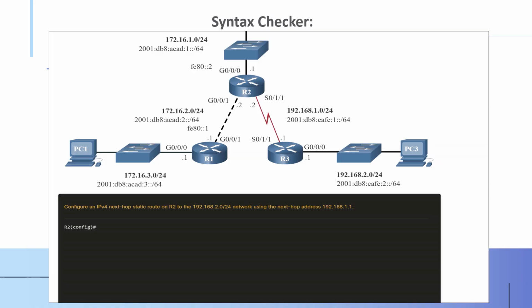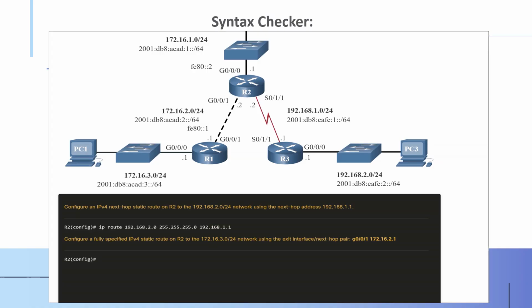First, we will start configuring router 2, where we will configure the next hop static route on router 2 to reach the network 192.168.2.0/24, which is the network directly connected to router 3 through interface G0/0, by using the next hop address 192.168.1.1, which is the IP address of router 3 on interface serial 0/1/1.